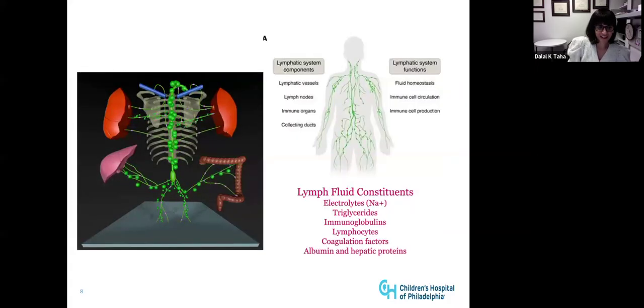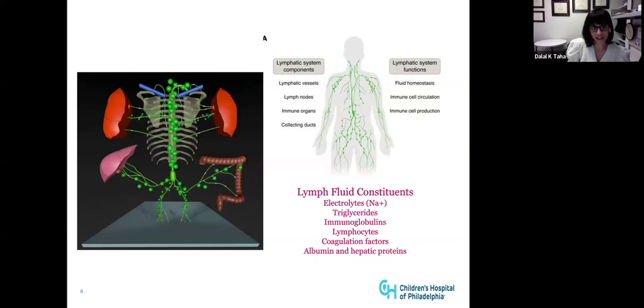So when it's all said and done, this is a schematic of what the lymph system and the flow should look like. So the lymph system is mainly to make sure the fluid is balanced throughout the body. It collects interstitial fluid from organs and the skin and sends it up the thoracic duct into, in this picture, a left-sided outlet into the venous system.